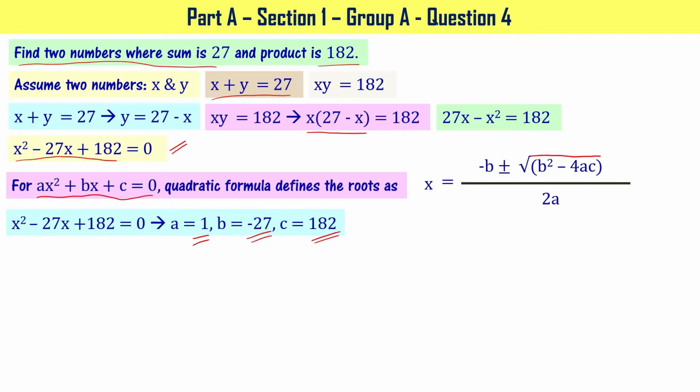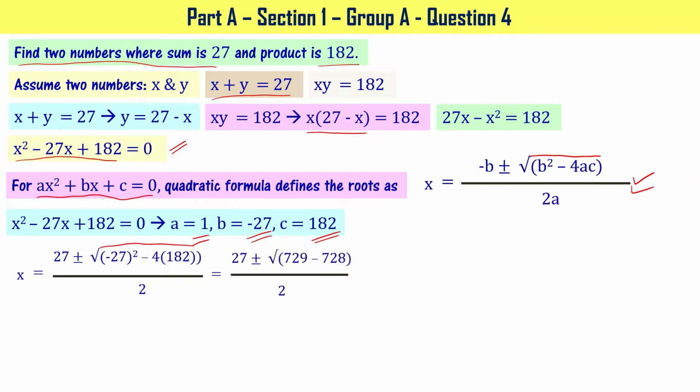Now let's substitute these values into this particular formula. x equal to minus b plus or minus square root of b square minus 4ac divided by 2a, right? When you substitute, you will get plus 27 plus or minus square root of minus 27 whole square minus 4 times 182 divided by 2, right?